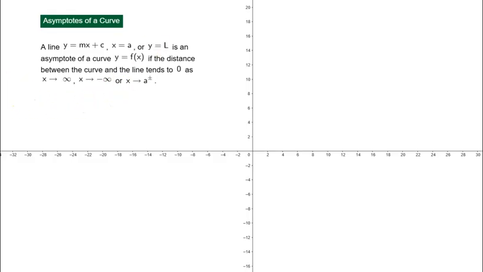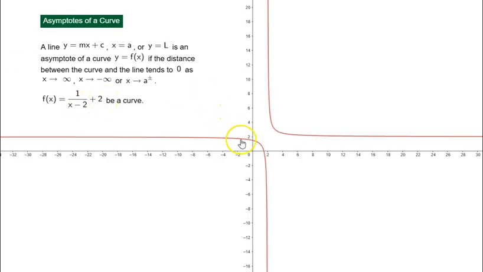Let's see with an example. Let's say I have a function 1 by x minus 2 plus 2. If I plot it, I'll get this. And if we take a point on this, as I go towards plus infinity, what happens? It gets closer and closer to some value of y.